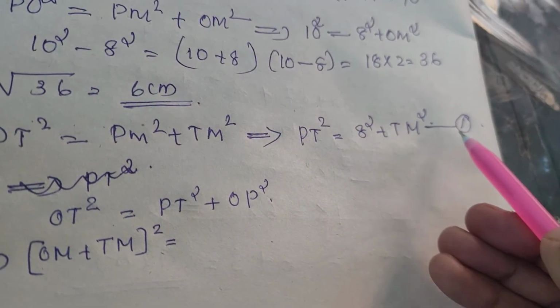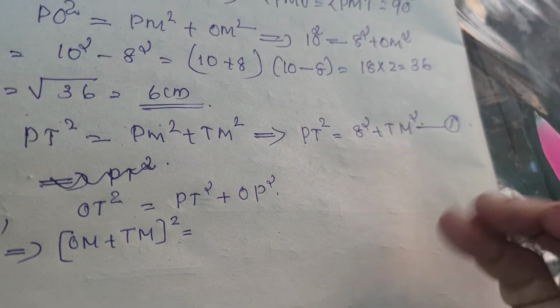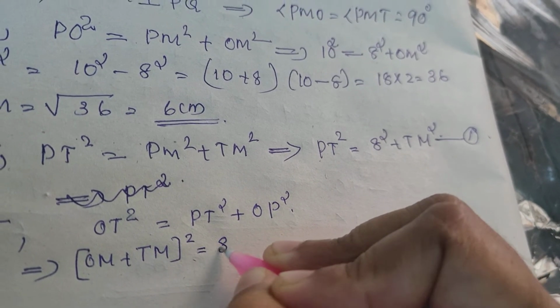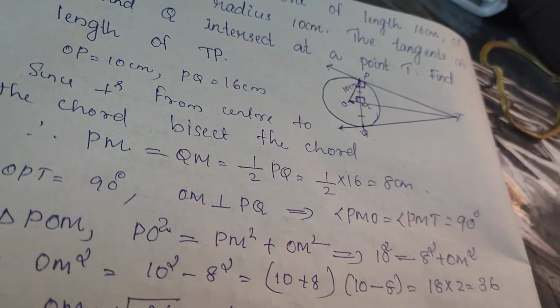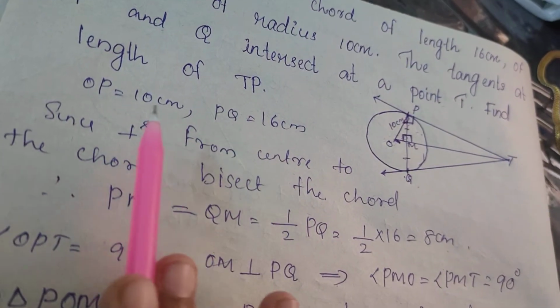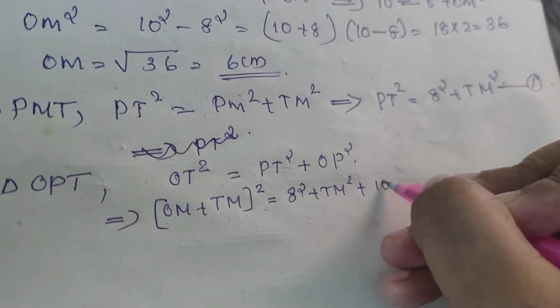In equation 1 we write PT square as 8 square plus TM square. So PT square is replaced as 8 square plus TM square, plus OP square. OP is the measure of the radius, that is 10. So OP square is replaced as 10 square.